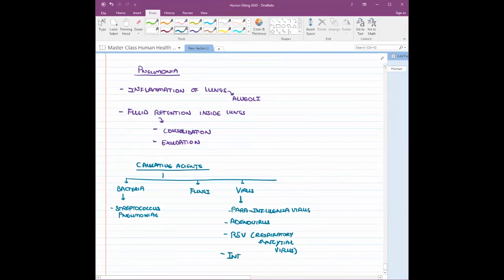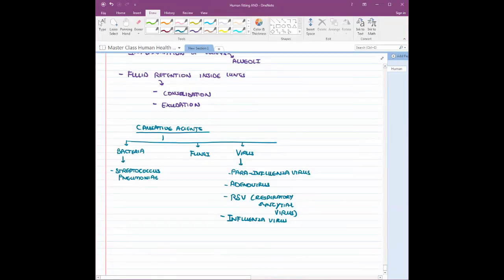Influenza virus is what? Haemophilus influenzae. I'll just write this down: Haemophilus influenzae. So these are the four, guys. How are you going to remember this? You are going to remember this as PERI: para-influenza, adenovirus, respiratory syncytial virus, and influenza virus.